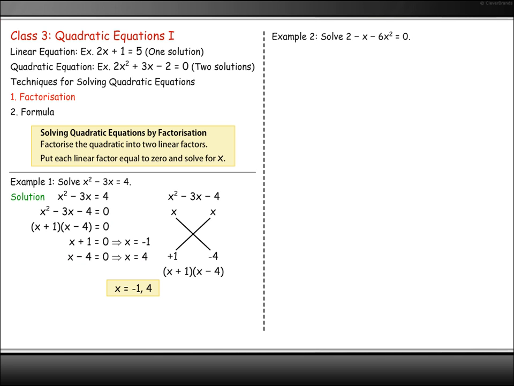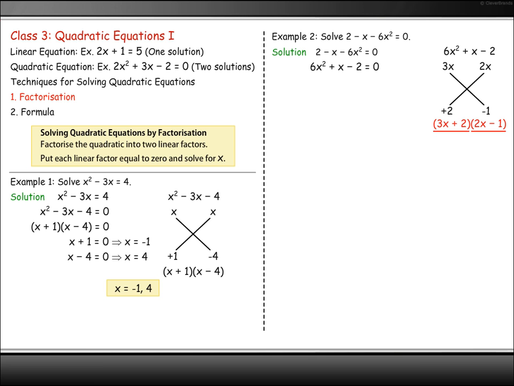Example 2. Solve 2 minus x minus 6x squared is equal to 0. Make the coefficient of x squared positive by multiplying across by minus 1. Now factorize the quadratic in the usual way. The factors are 3x plus 2 times 2x minus 1.